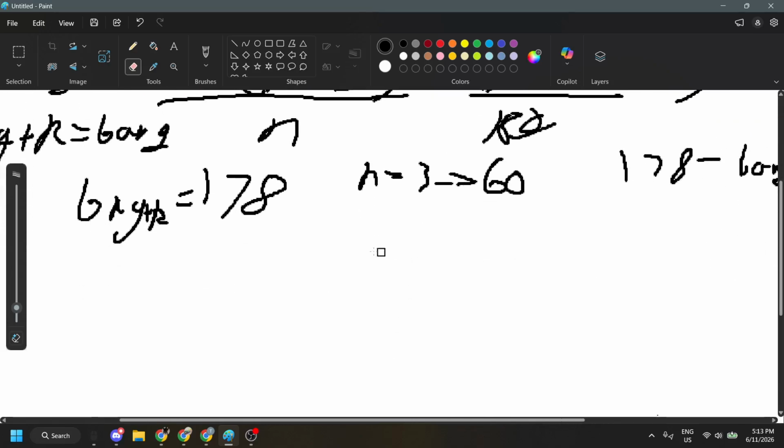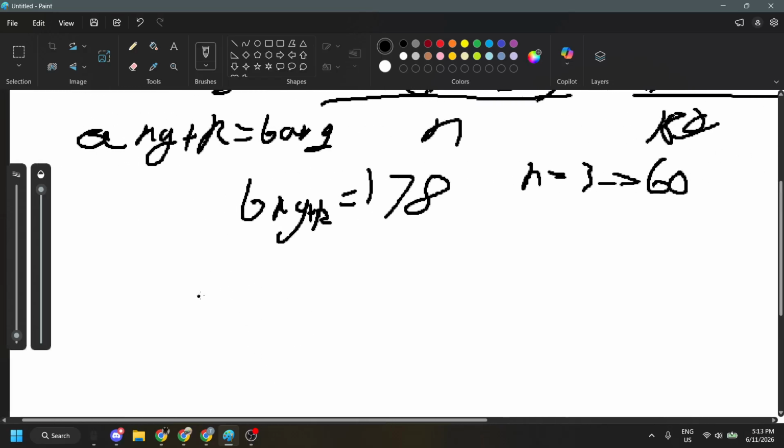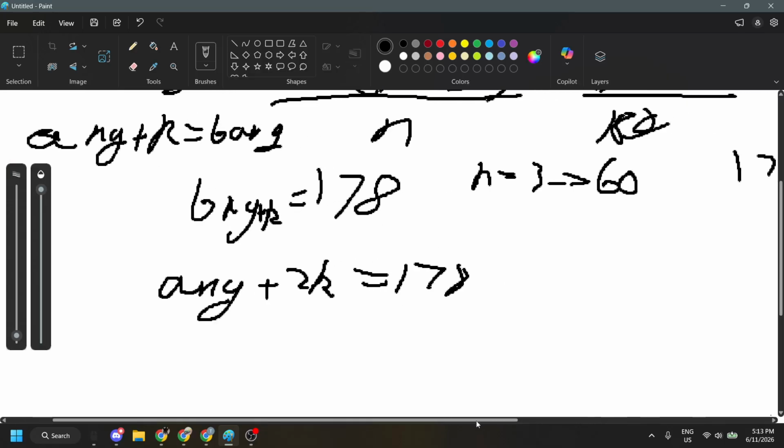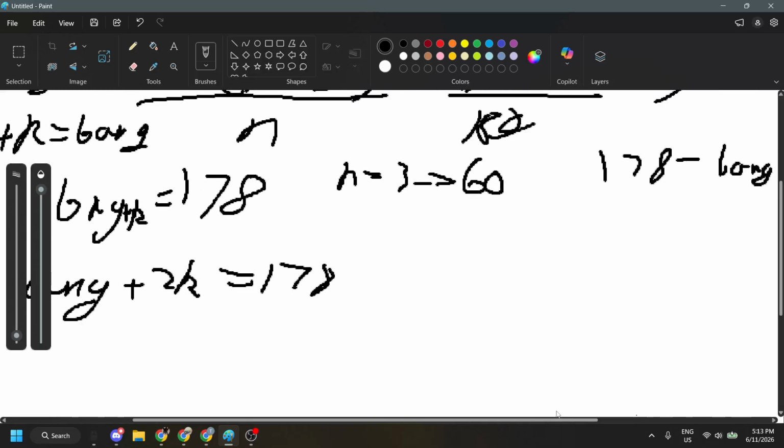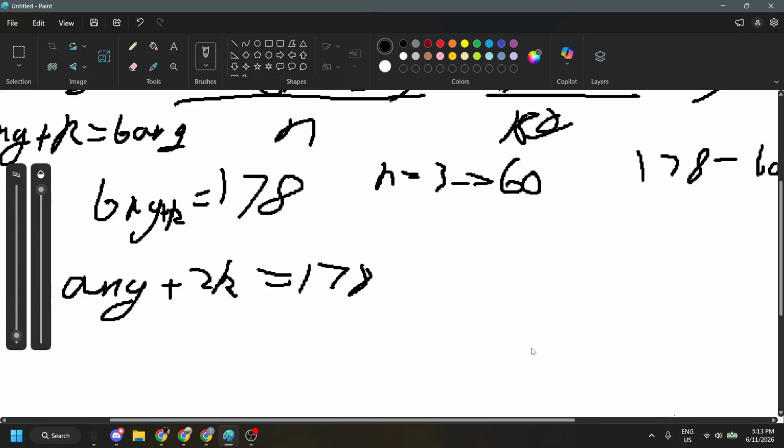We just have to have angle plus 2k equal to 178. Okay.